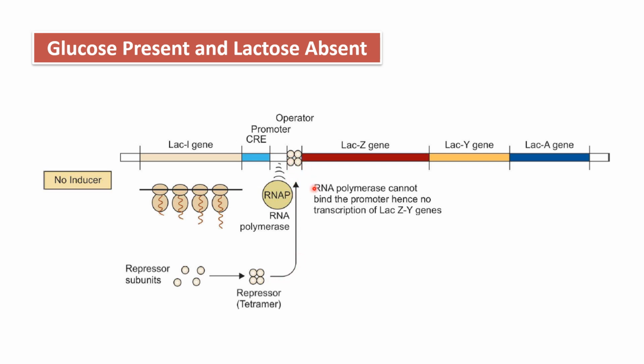So what happens? The RNA polymerase cannot bind to the promoter and no transcription is taking place. So there is no inducer, only repressors are here. So the repressor will stop the transcription process. So no transcription is taking place here.